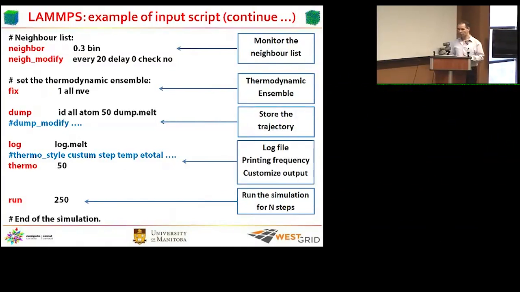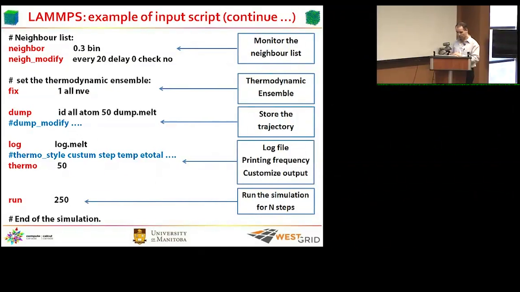If I need to store the trajectory, I can add this command. If I just run an equilibration simulation, I don't need the trajectory, so I just have to remove it, because whenever you add something to the program, it takes more time to run.